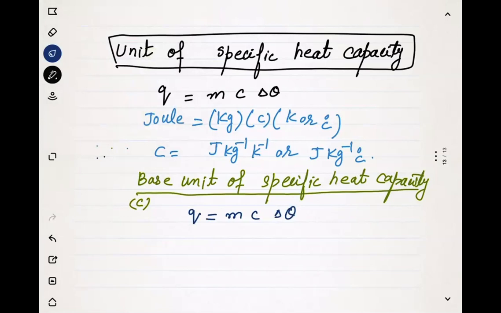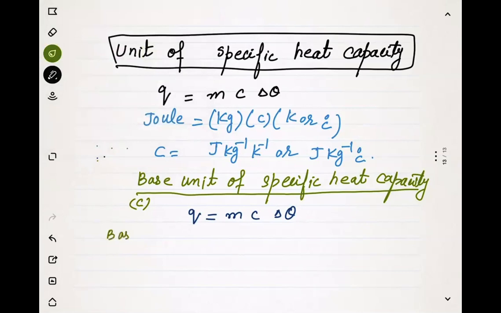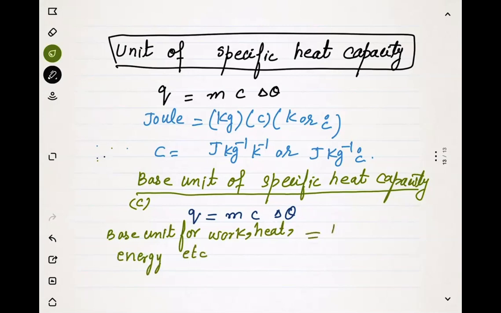First of all, you should know that the base unit for work, heat, energy, and all other quantities which are in joules, is kilogram meter square second minus 2. So this is the base unit for heat.